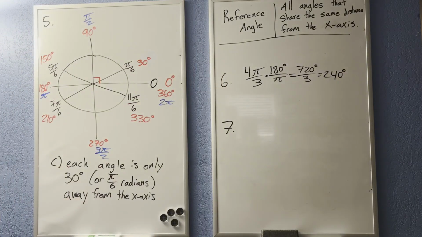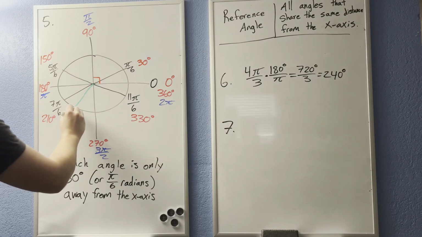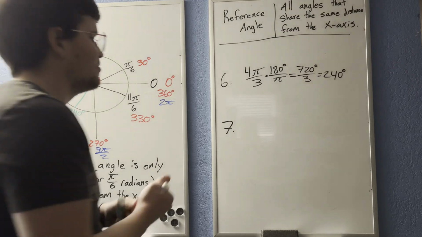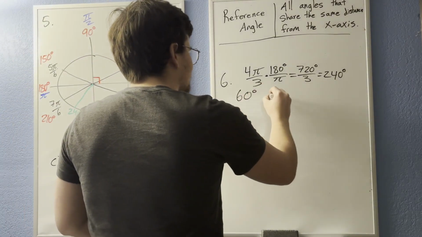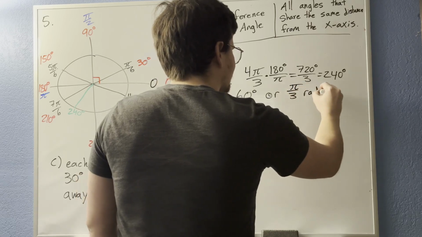If I went back to the circle over here, that's going to be something down here. 240 degrees is 60 degrees off of the x-axis, because I'm 60 up from 180. I'm closest to this x-axis right here, not this one over here. So I'm going just 60, the closest one up. My reference angle there is 60 degrees, or pi over 3 radians.